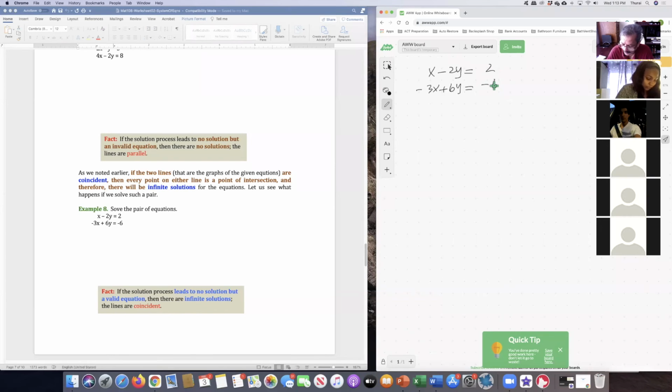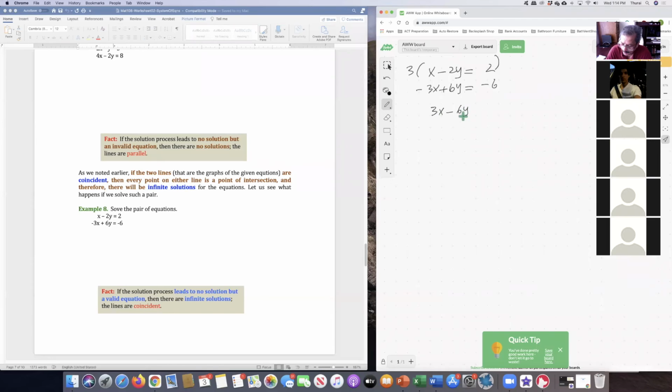Without paying any attention to what they look like, if you just think about the elimination method, we can determine what number to multiply by. What number should I multiply the first equation by to eliminate the x? 3, right. So multiply the first equation by 3.